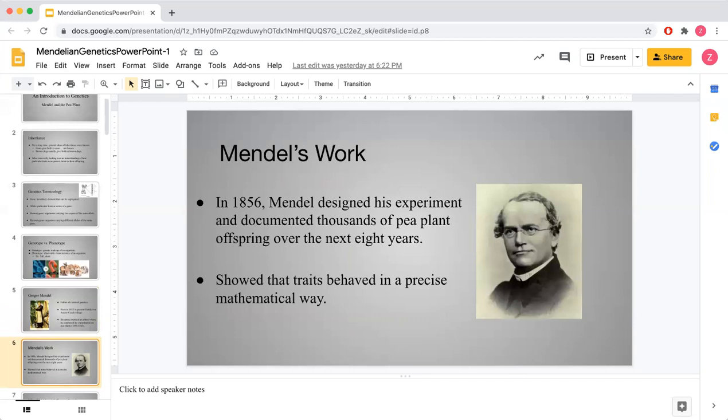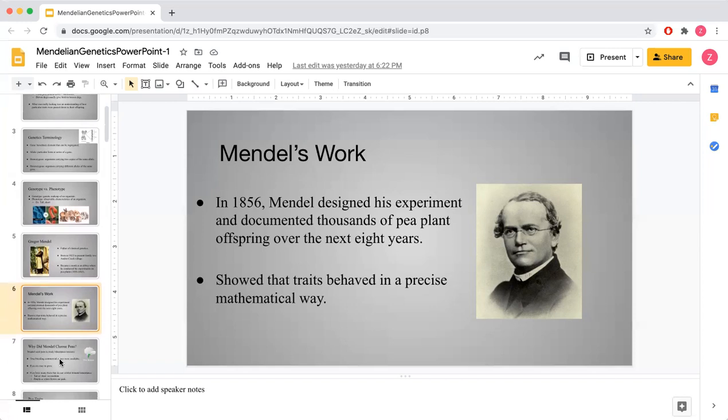In his work, he designed his experiments and documented thousands of pea plants and their offspring, the plants that were produced from the parents, over a period of 8 years. His research was instrumental in showing that traits, features of organisms, behaved in a precise and mathematical way.